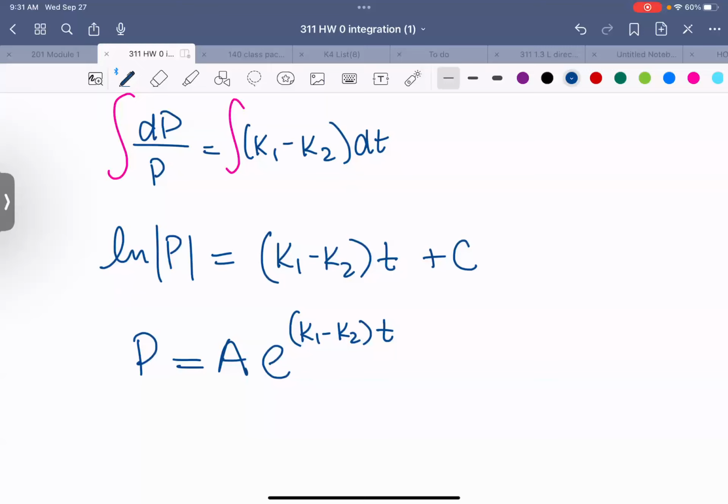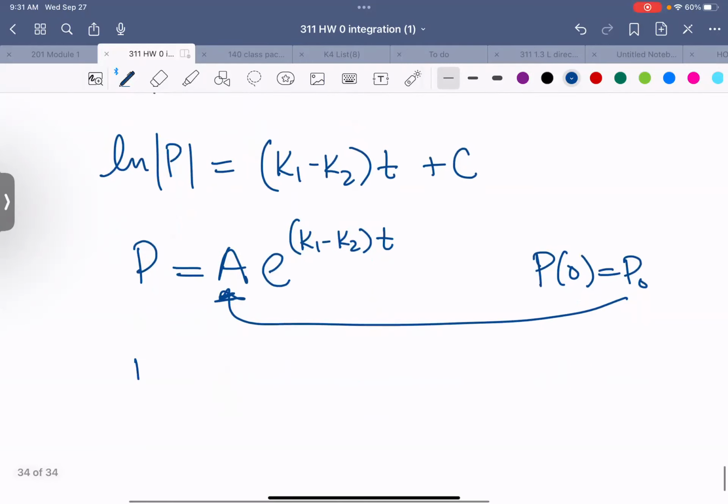Now we're not told much of anything about the population, and so we just know that at time 0, we're going to call it P0. And we know that that's going to end up here, right? When you plug in 0. So that means that P is going to be P naught e to the (K1 minus K2)T.